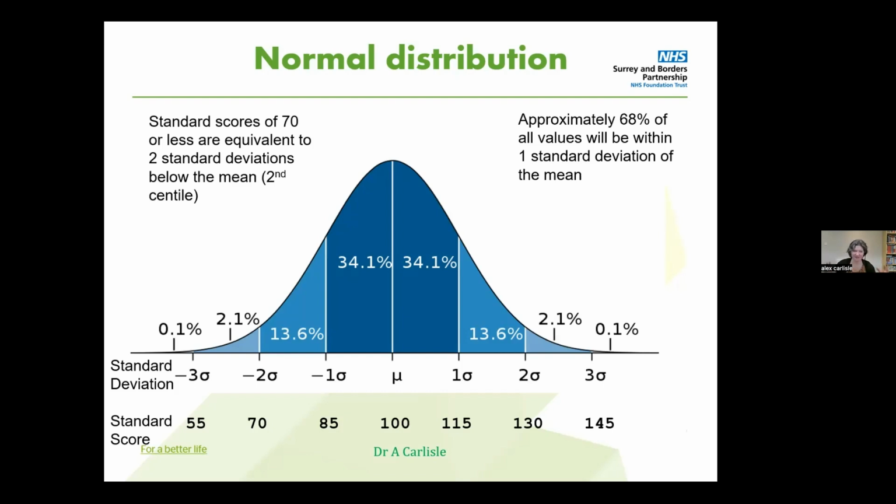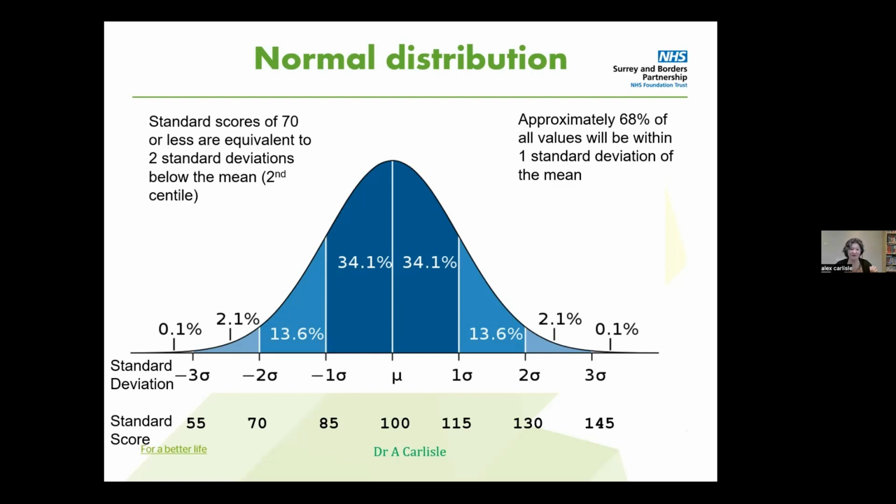Most of us fit within that 68%. Then 2 standard deviations below would be a score of 70 or below, and about 2.1% of the population would have a score of 2 standard deviations or more below the mean. It's an arbitrary cutoff, a long-standing neuropsychological cutoff for the definition of impairment, but it's the cutoff used within the SIGN guidance.